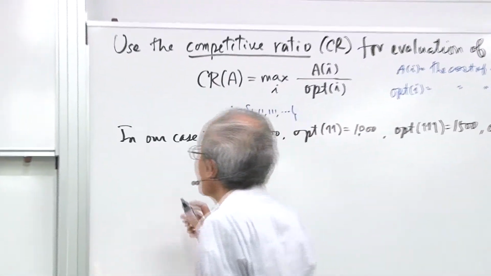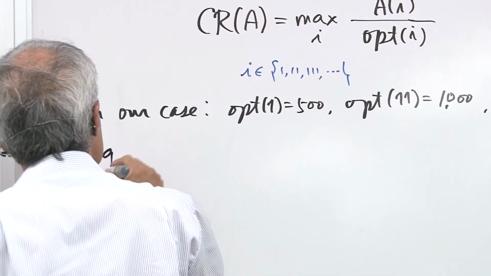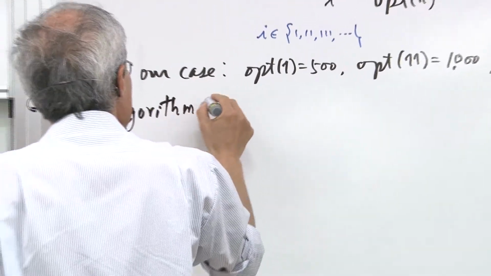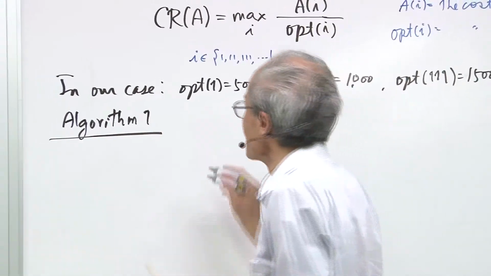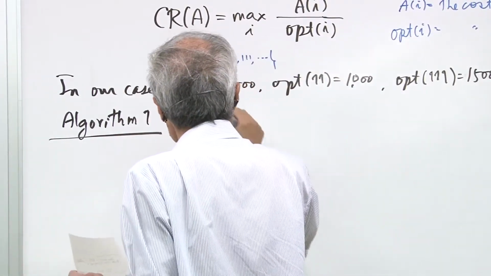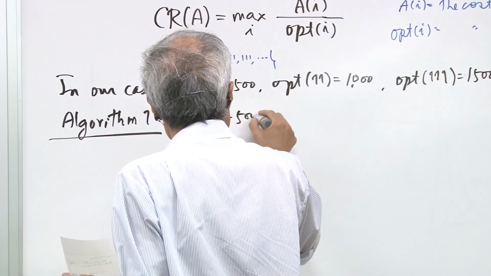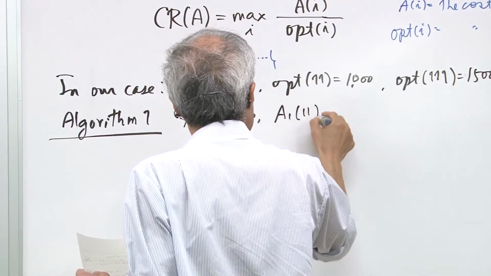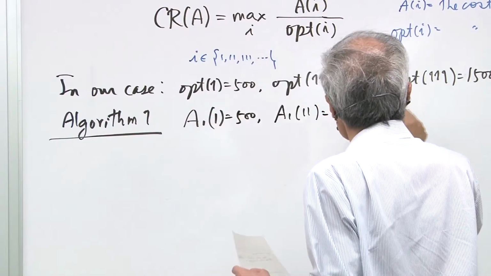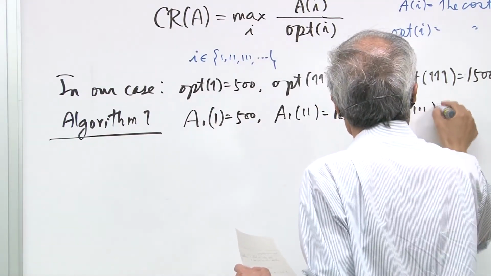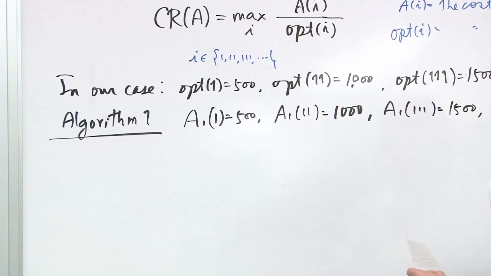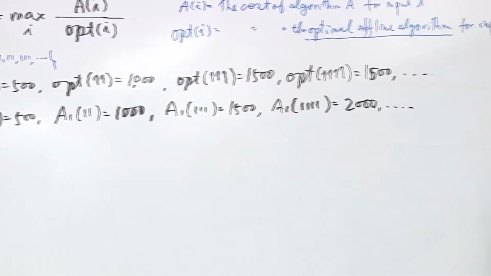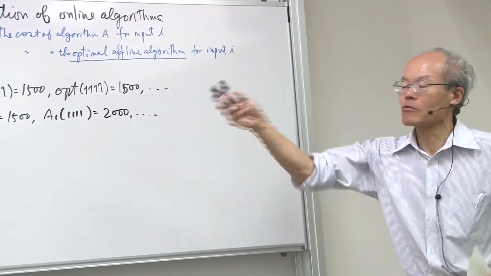Now, what about algorithm 1? Just remember that our first algorithm 1 is always ordered by class.